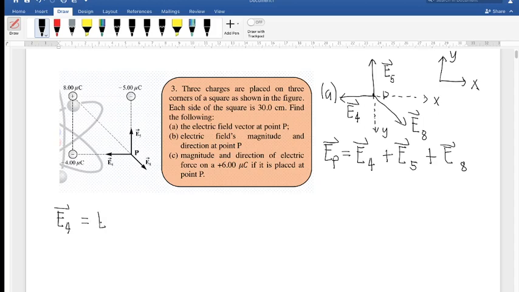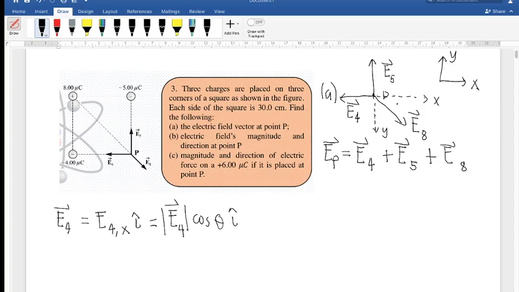So we have here E4x i hat. Okay? So here we can substitute this E4x as the magnitude of your E4, tapos meron tayong cosine of theta i hat. Pero ano yung theta niya?